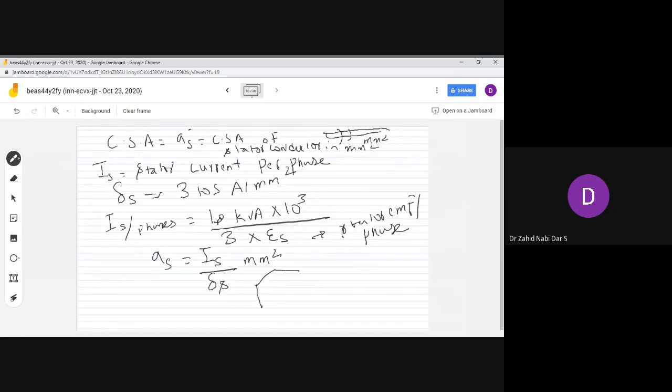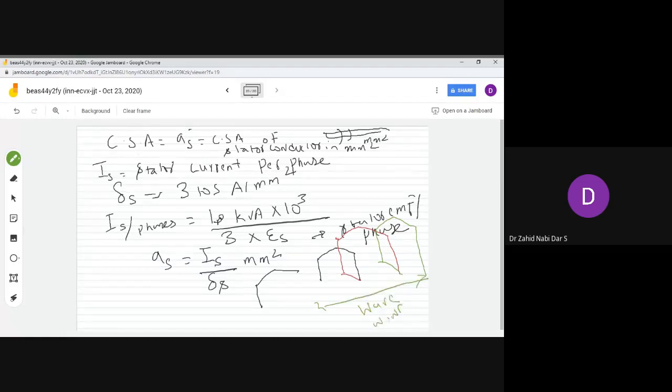If you have a pattern like this, this type of winding arrangement is called wave winding.